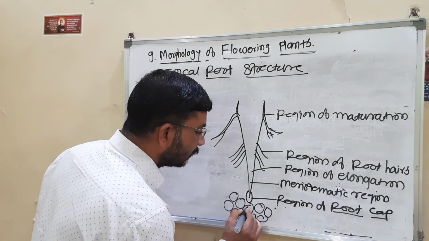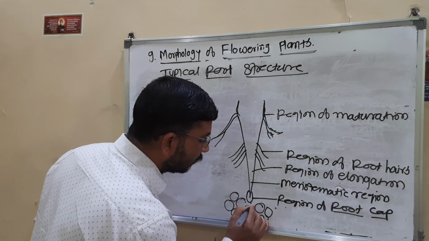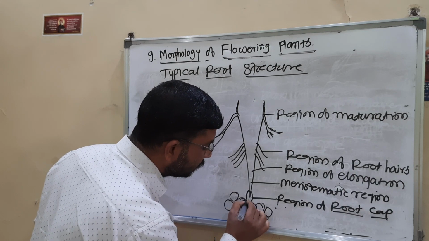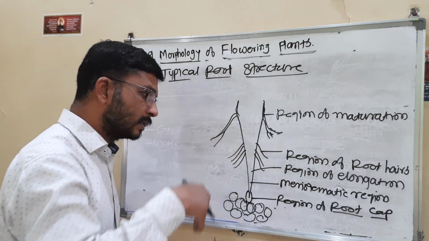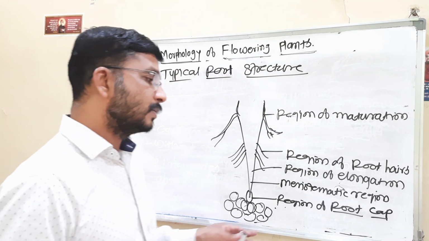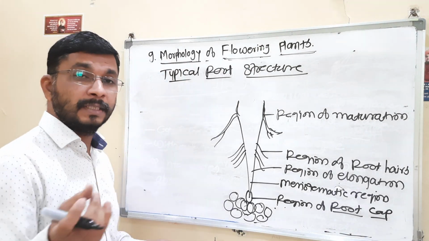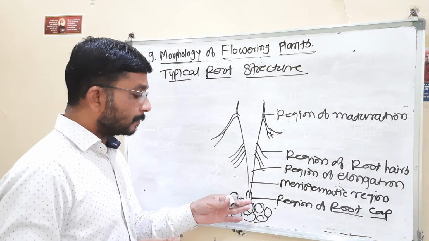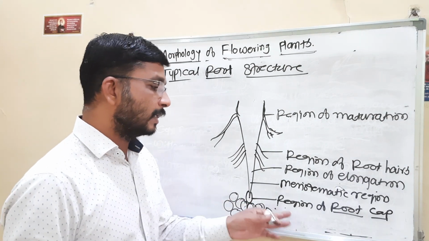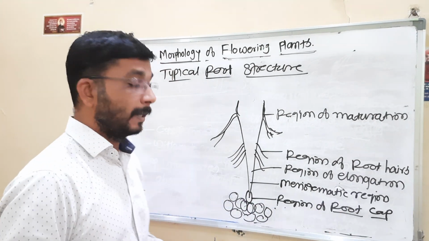Because of that mucilaginous substance, the root cap grows easily inside the soil, and there are fewer chances of breakage of the root cap.